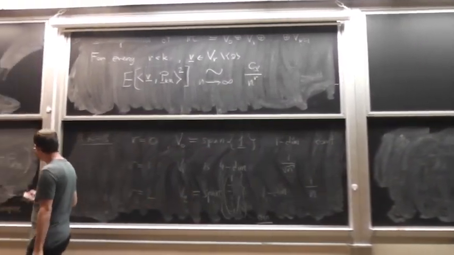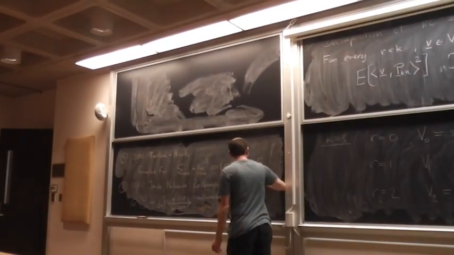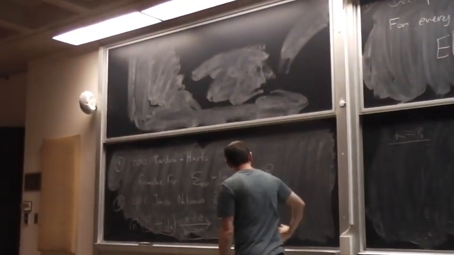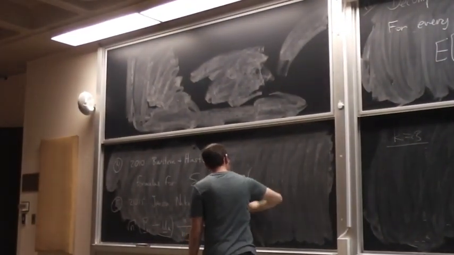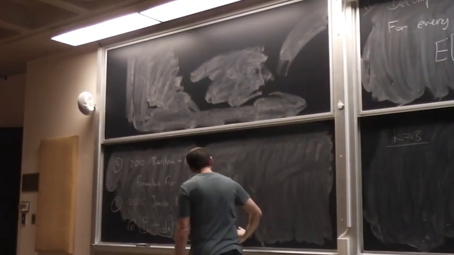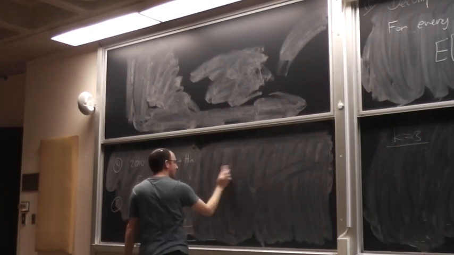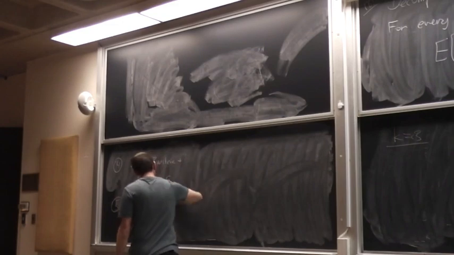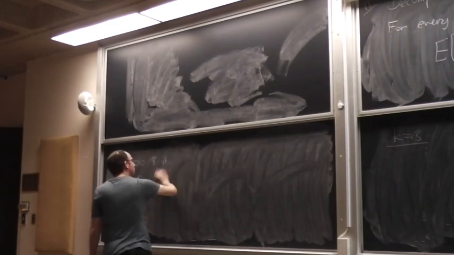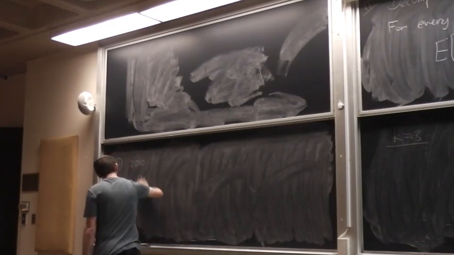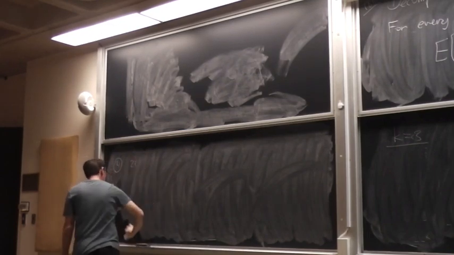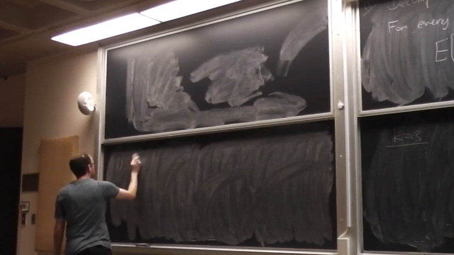You could ask, this decomposition, I'm telling you that it exists. Is it unique? Maybe you have several different decompositions with the same properties. It turns out that it is unique under some additional conditions.